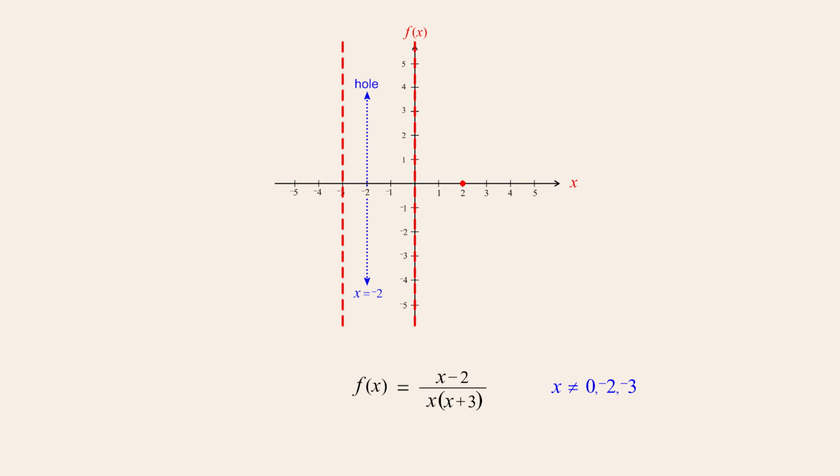We can now get a rough idea of the shape of the graph by calculating the function's values at a few selected points along the x-axis. We can start by calculating the vertical position of the hole. Since the hole's x-coordinate is negative 2, we can set x equal to negative 2 to calculate the vertical position of the hole.